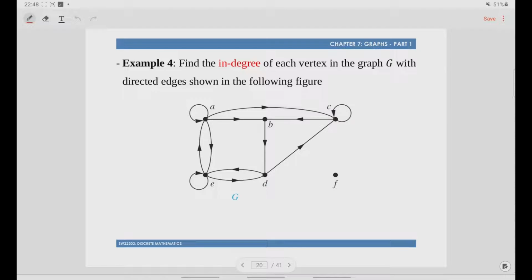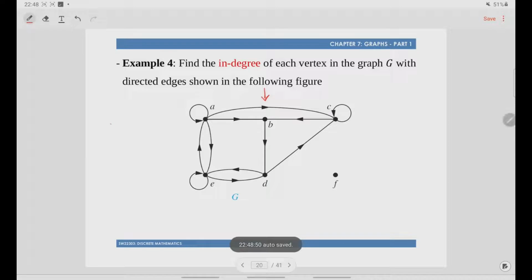Example: find the in degree of each vertex in the graph G with directed edges shown in the following figure. As you can see, we have arrows here. That means this is a directed graph. The question asks you to find the in degree of each vertex.